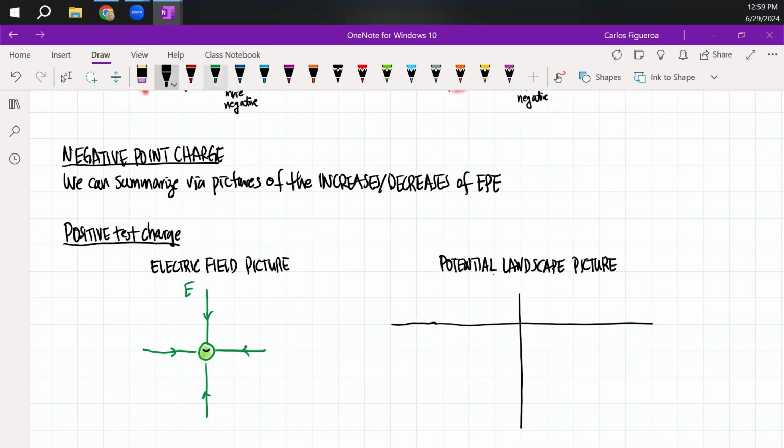Because it's negative, the potential function of this point is going to be minus q over 4 pi epsilon r.